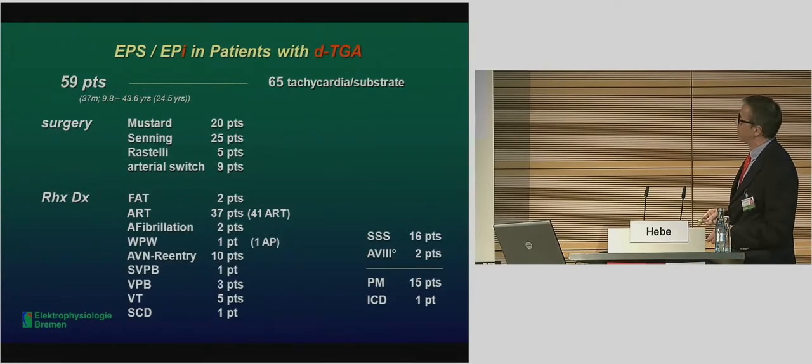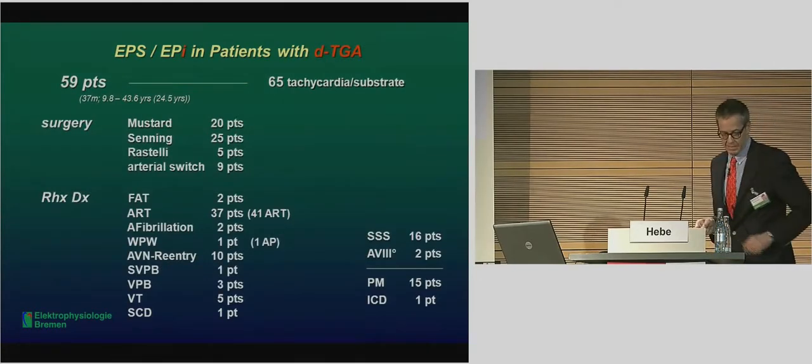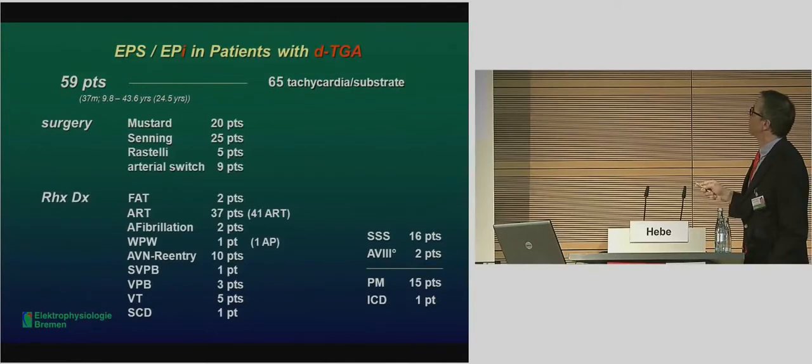We have seen in these 59 patients with DTGA, we have done an electrophysiologic study or intervention and could find out mechanisms and substrates of 65 tachycardias. Here are listed the types of surgery that have been done. 20 patients were after Mustard procedure, 25 after Senning procedure, 5 only after a kind of Rastelli procedure, and 9 patients after arterial switch.